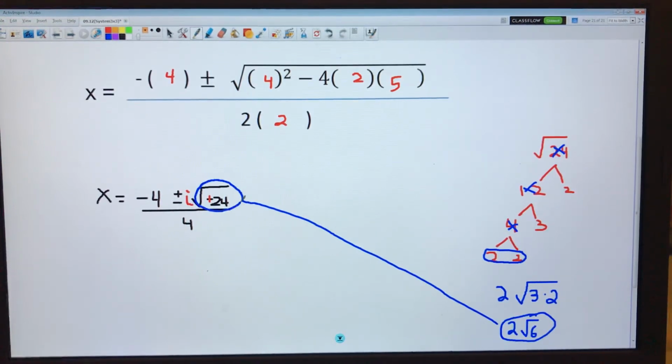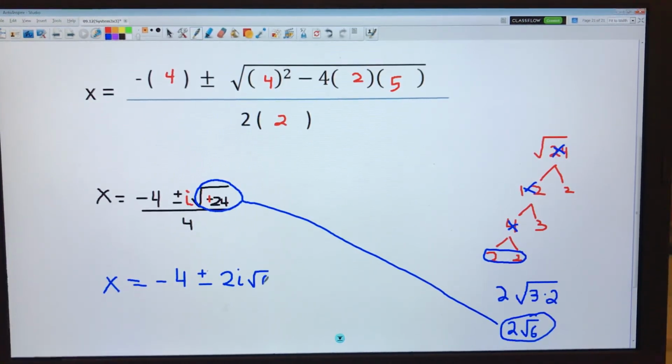It's going to be rewritten as -4 plus minus 2, so I'm going to put 2i, because remember we had the i, so it's going to be 2i square root 6.